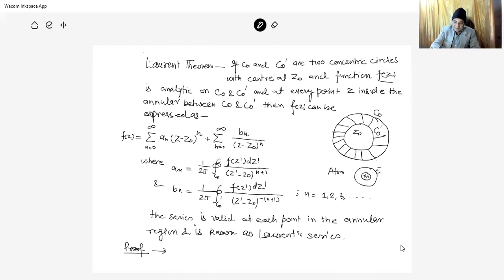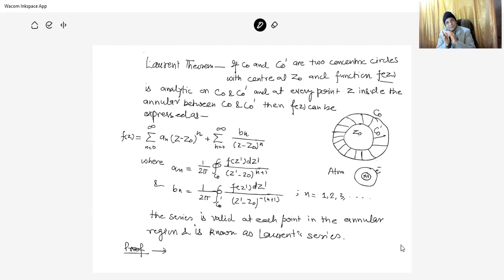I think this example is itself sufficient to say that inside the nucleus, the forces are charge independent. There are many characteristics of nuclear forces, but one of them is that the force is charge independent. And outside of the nucleus, where the electrons are revolving, the motion is governed by Coulomb's law, that is charge dependent.